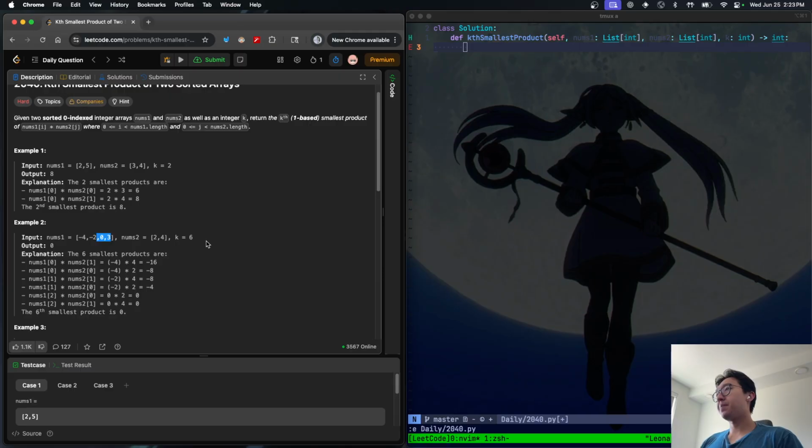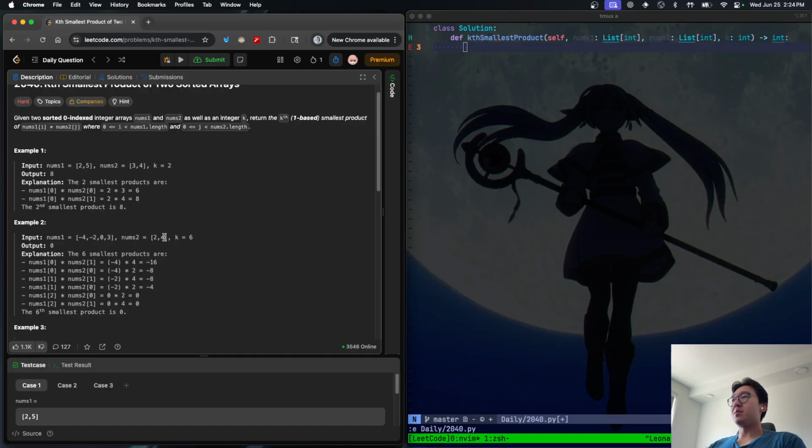Since they are sorted, if we want k, okay, so since we can reuse the element, I would say that the smallest product will be just the first element times everything, and that will give us 2.